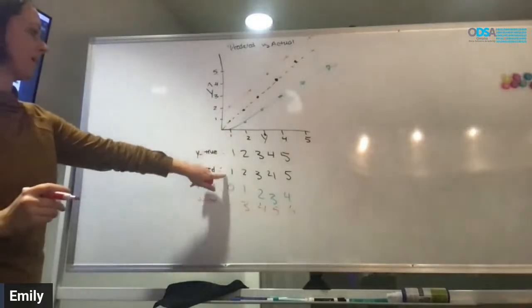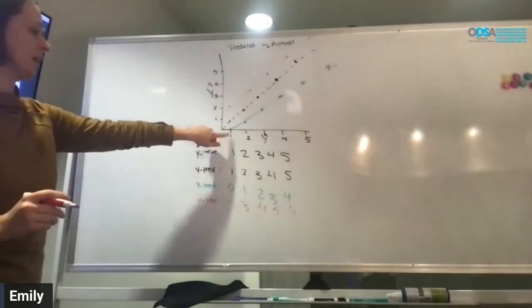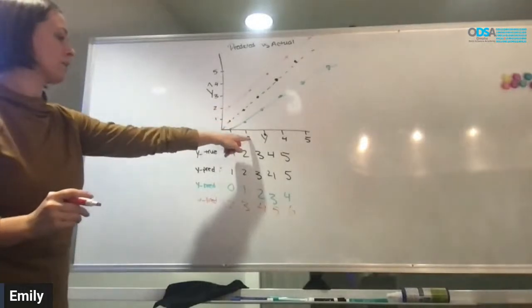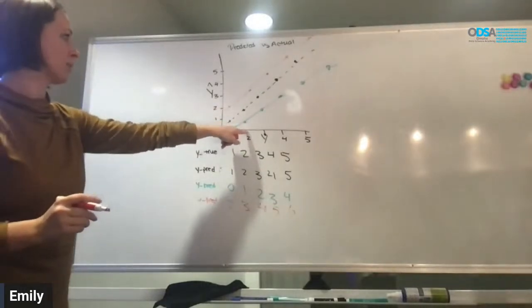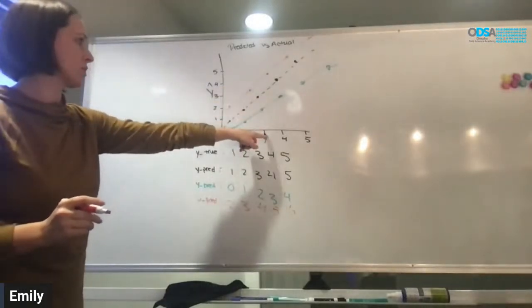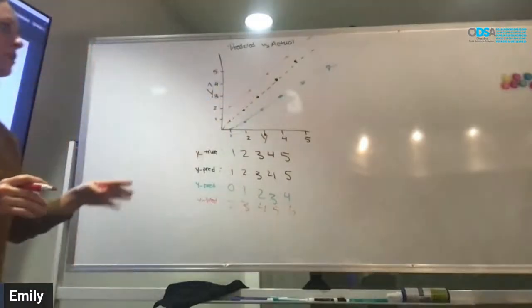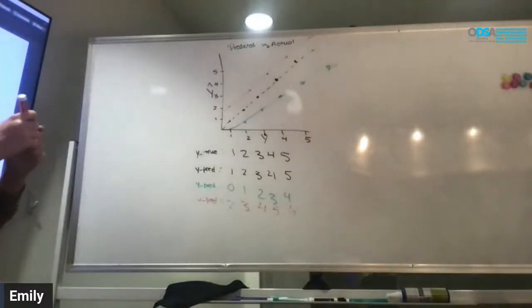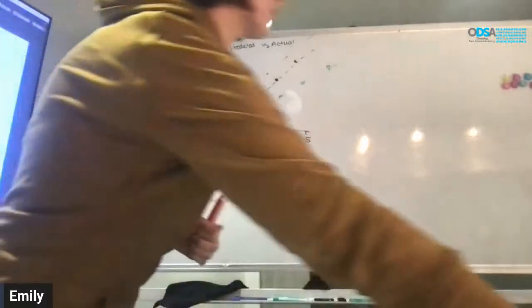If when y true was 1, we predicted 2, it's up here. When y true was 2, if we predicted 3, it's up here. If y true was 3, we predicted 4, it would be here. So overprediction is when you're over the line. Underprediction, you're under.